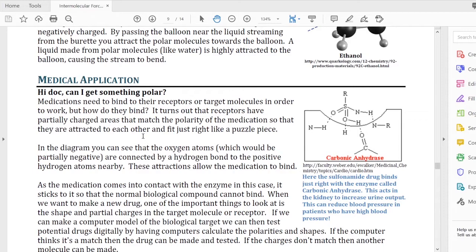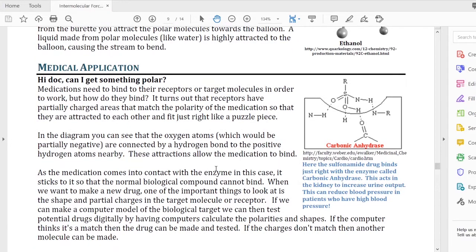And so when we're making the drugs, we need to know what polarity the receptors on the cells have, so that we can model our medication to meet it, okay? So there's lots of different things.